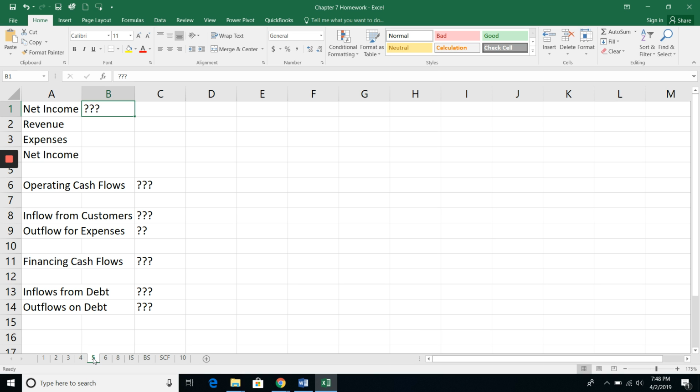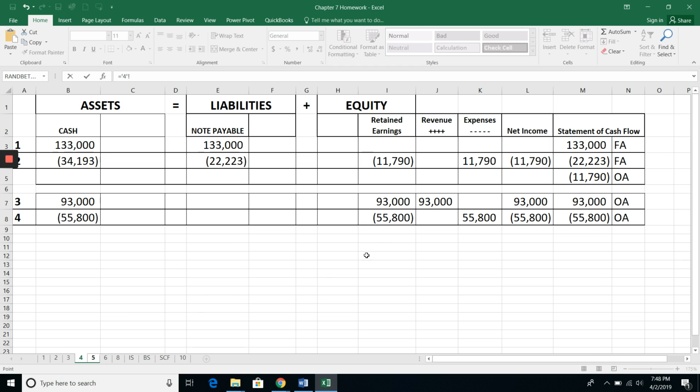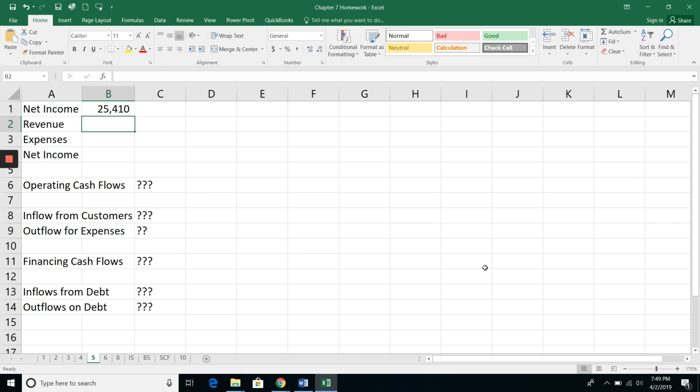So what is our net income for the period? Well, if we go back over here to our framework, we can see that we have our revenue of 93,000, and if we subtract off our interest expense as well as our operating expenses, we would see that our net income for this particular period is $25,410.